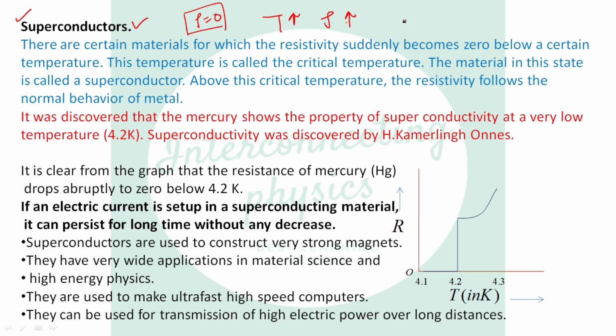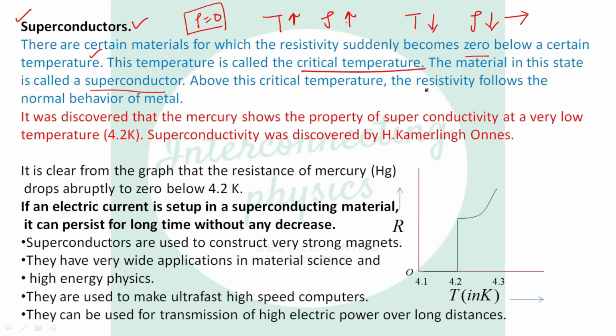It means if temperature decreases, resistivity decreases. That means there is some possibility if temperature becomes very low, at that stage resistivity can be made up to zero. So there are some materials for which resistivity suddenly becomes zero below a certain temperature, and this certain temperature is called critical temperature, and the material in this state is called superconductor.